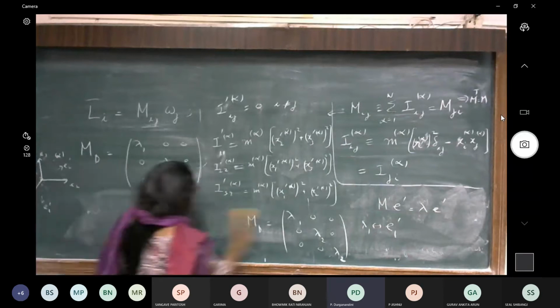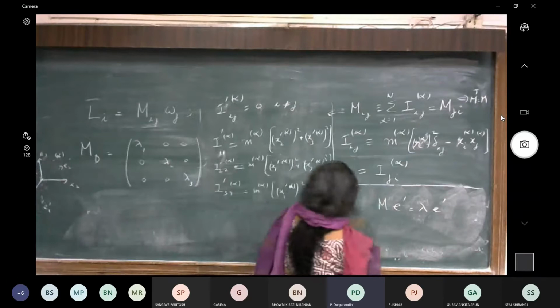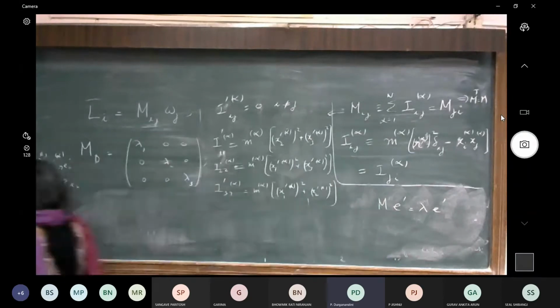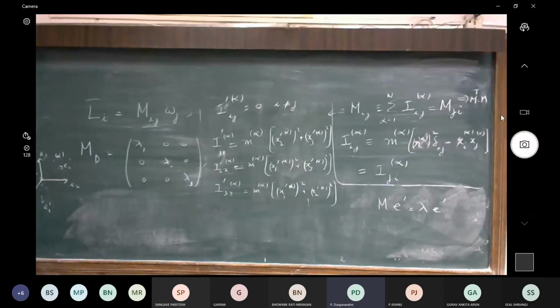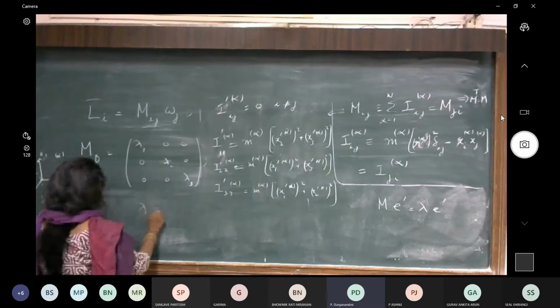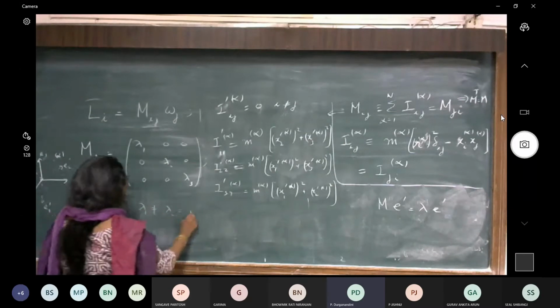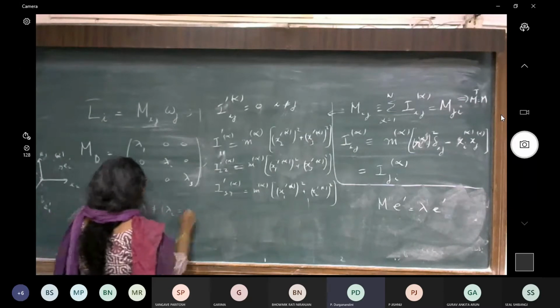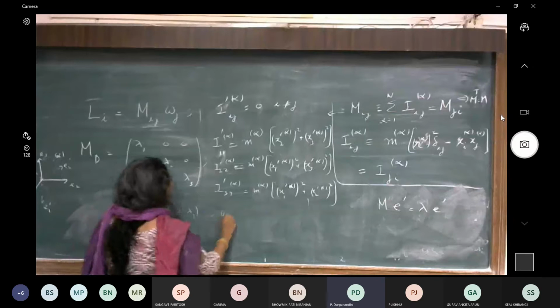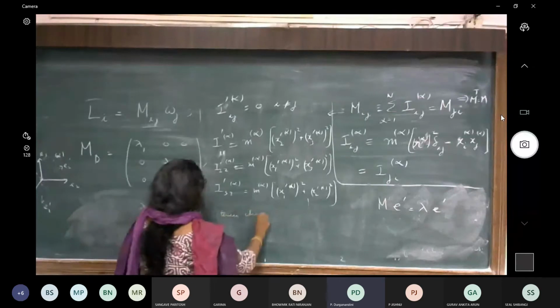What I told you is that if lambda 1 is not equal to lambda 2, which equals lambda 3, then choose the eigenbasis in the following way.